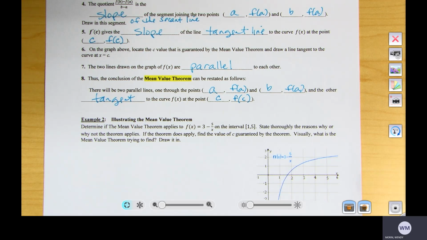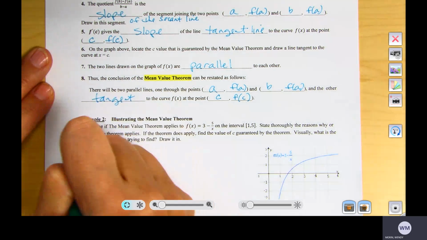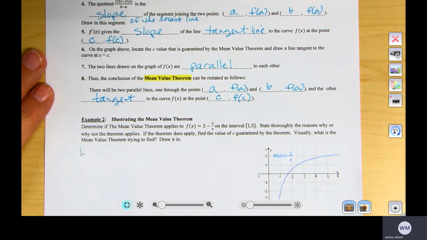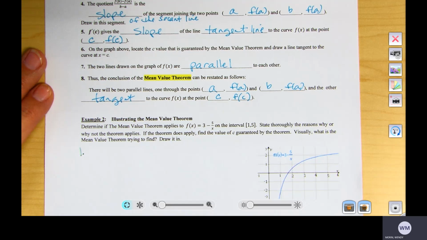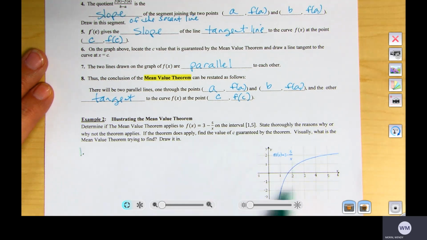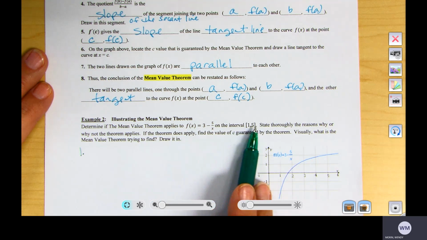So, determine if the mean value theorem applies to this function. State the reasons why. All right, so let's go through our reasons. Number one, the function must be continuous on the closed interval. Well, here's a sketch of the graph, a piece of it. Now this is a rational function. It has a different branch, but we only care about 1 to 5.